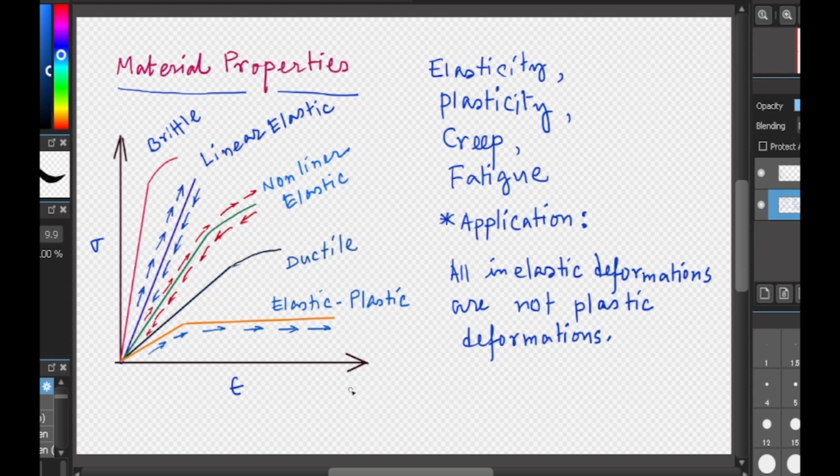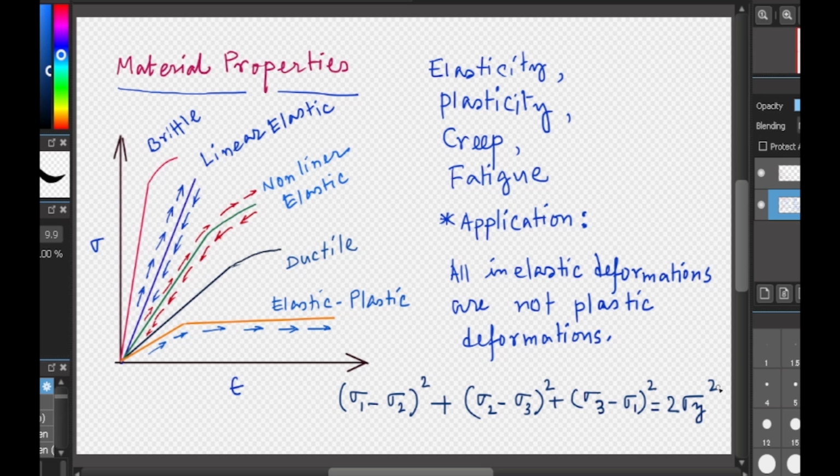This particular equation is very important, that is (sigma 1 minus sigma 2) square plus (sigma 2 minus sigma 3) square plus (sigma 3 minus sigma 1) square, that is equal to twice sigma y square.